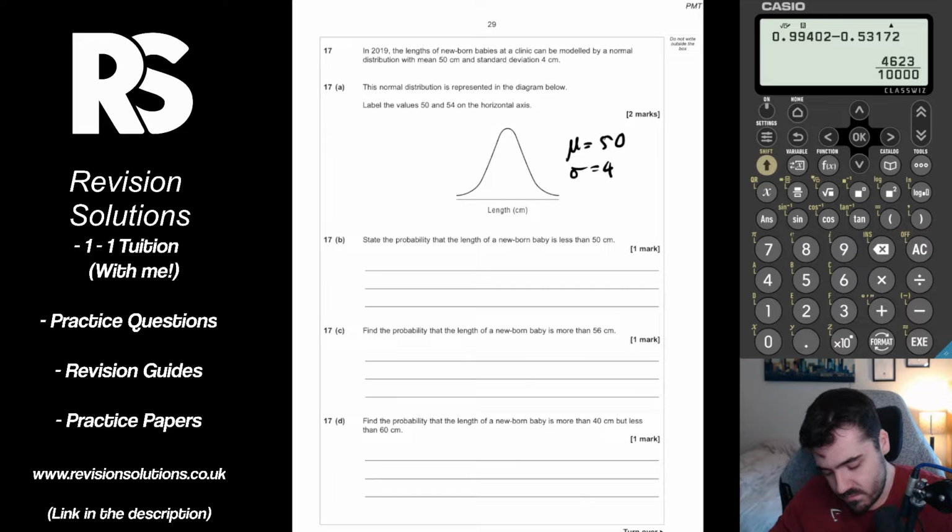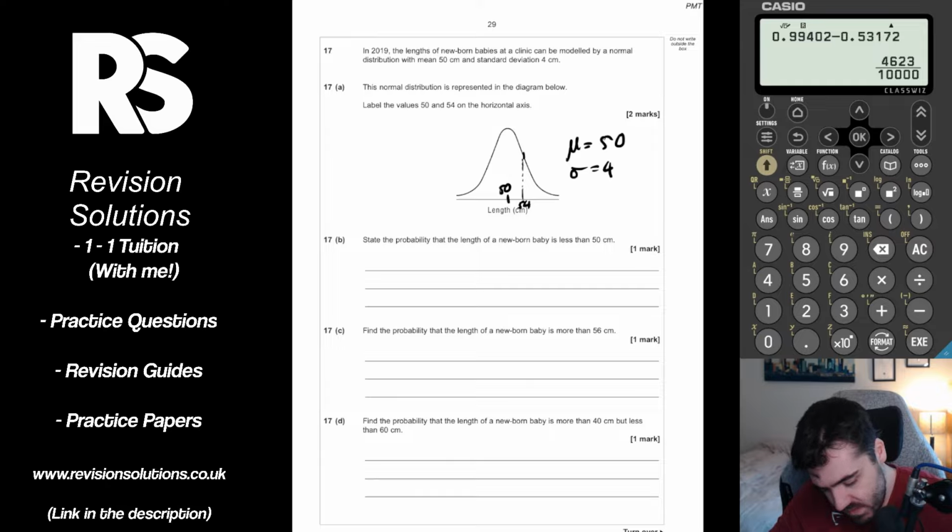Okay, so 50 is specifically the mean. And then 54 is one standard deviation away from the mean, which is a standard point. It's where the point of inflection is, where it's sloping down and then starts sloping up, about there. So that's 50 and 54.